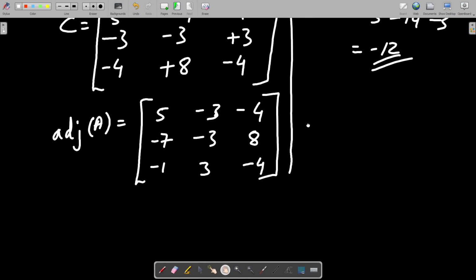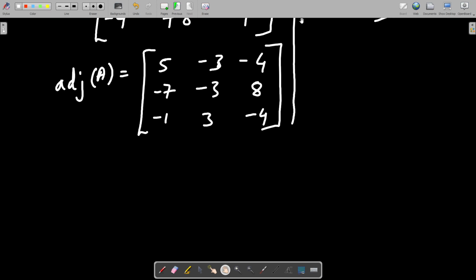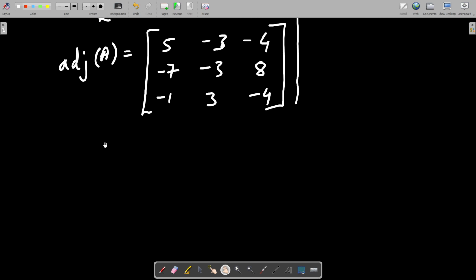Okay, so what is going to be the A inverse then? A inverse is equal to 1 upon minus 12.